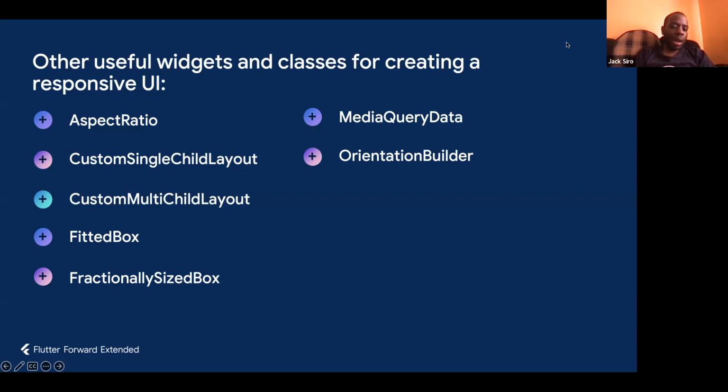Because of time, I'll not speak about them, but it will be your assignment. You go, maybe there are some that you've not used, and some you use daily. You are just going to learn extra widgets that could improve your UI to be responsive.